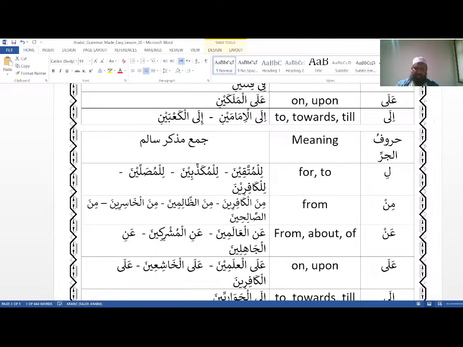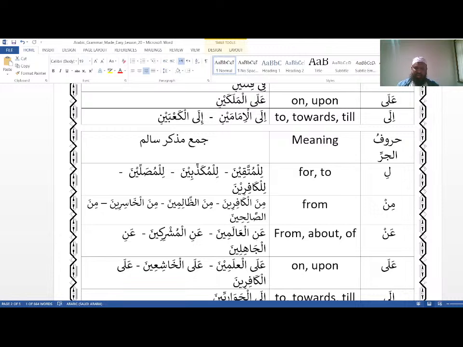Then anil alamina, so about the universe, alamin, the worlds. Anil mushrikina, about mushriks. Anil jahilina, about jahils, ignorance.